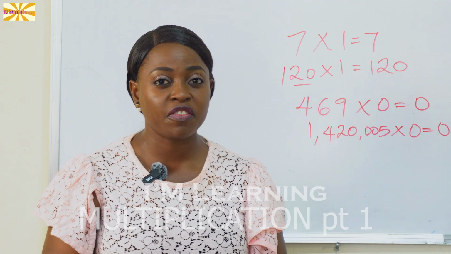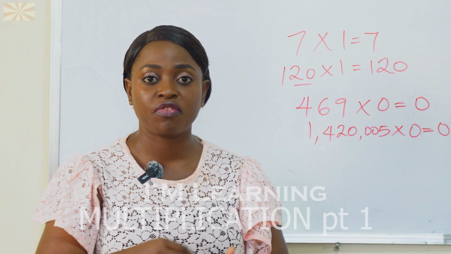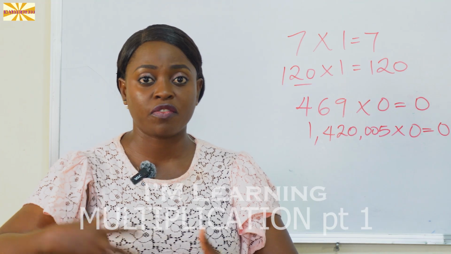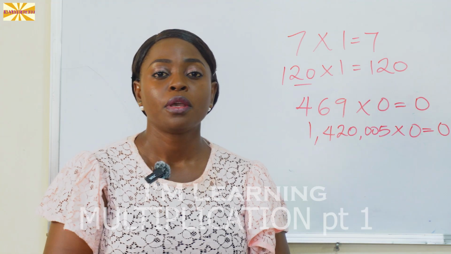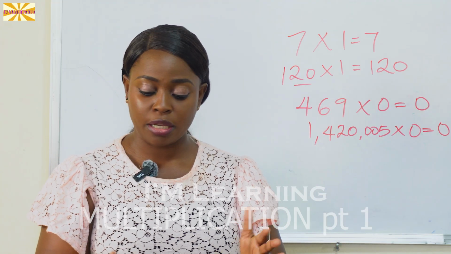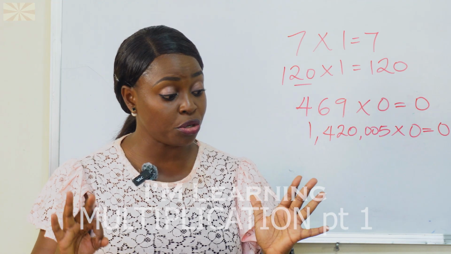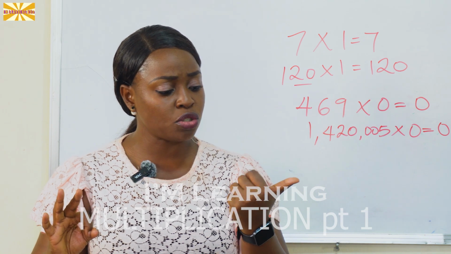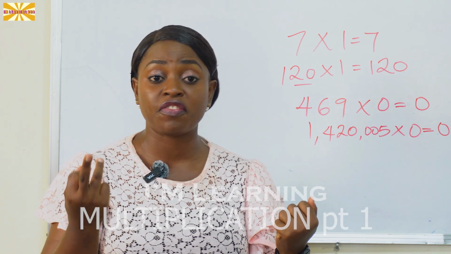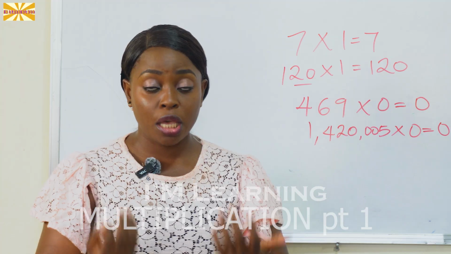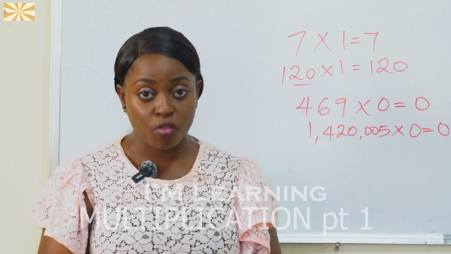Then you just keep counting 5s 8 times. So you hold up your 8 fingers and then you go 5, 10, 15, 20, 25, 30, 35, 40. 8 times 5 is 40.